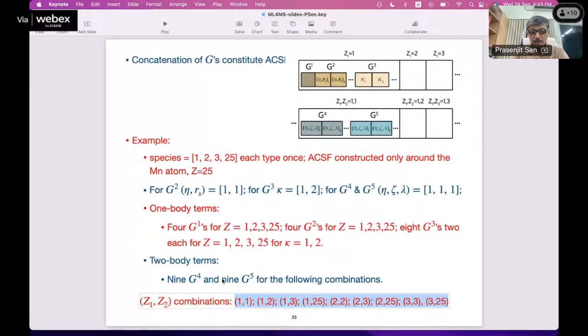You can count for these four Z values. There are 9 such combinations, if I'm right: 1 2 3 4 5 6 7 8 9. So 9 different combinations of Z1 Z2. And because I have only one set of parameters, I'll have 9 entries for G4 and 9 entries for G5.